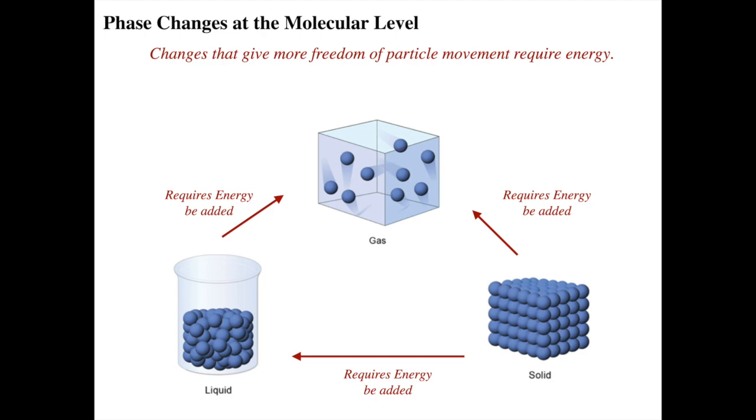So if you take a solid in which the particles, the molecules or the atoms of the substance are locked rigidly into a nice orderly crystal, and you melt it, turn it into a liquid, the particles have overcome this restriction that they have in the solid and gain some freedom of movement. You have to supply energy for that to happen.